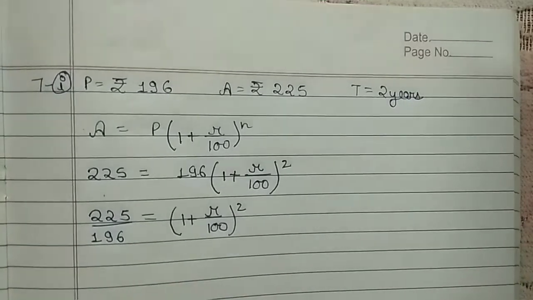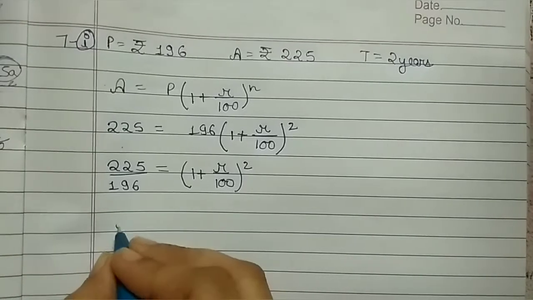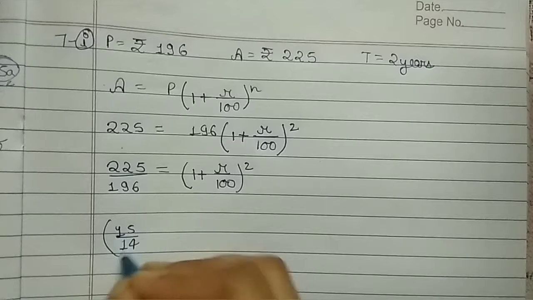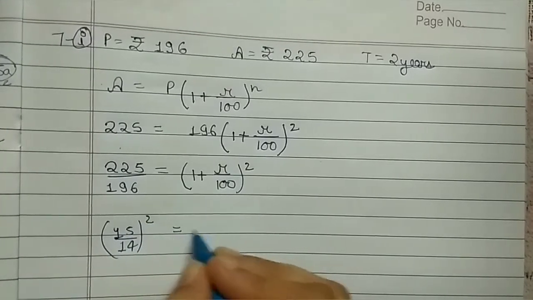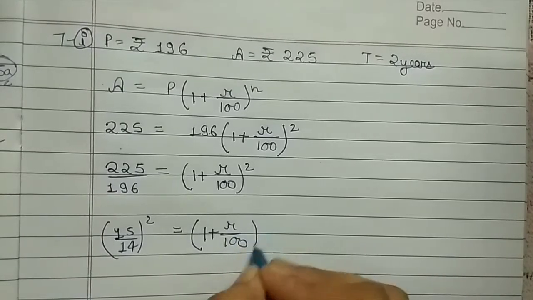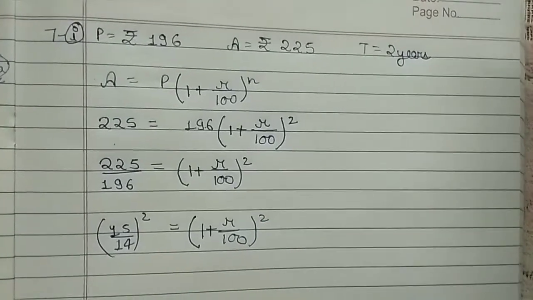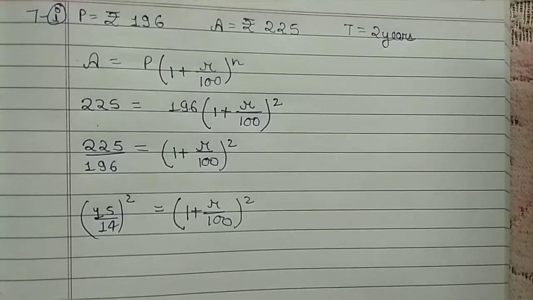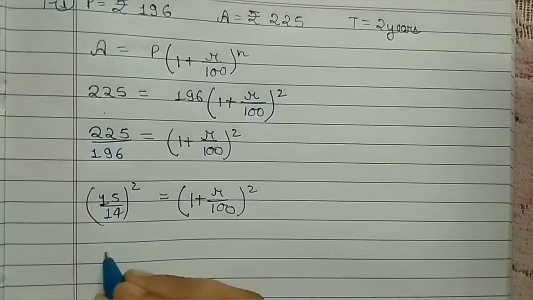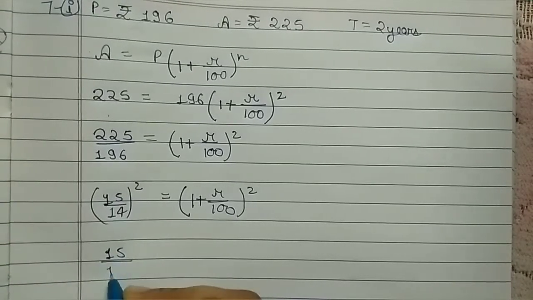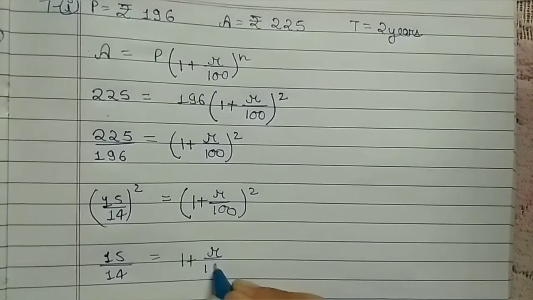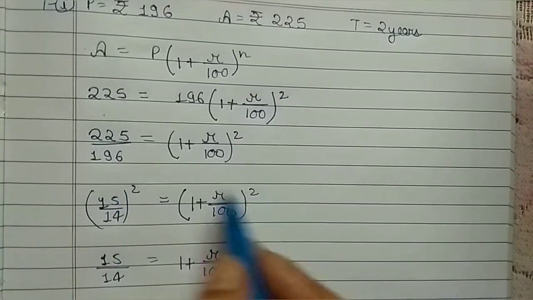So we can also write it as (15 upon 14) whole square equal to (1 plus R upon 100) whole square. Now square will be cancelled and we will get 15 upon 14 equal to 1 plus R upon 100. Square will cancel from both the sides.